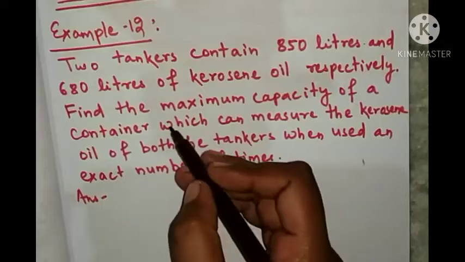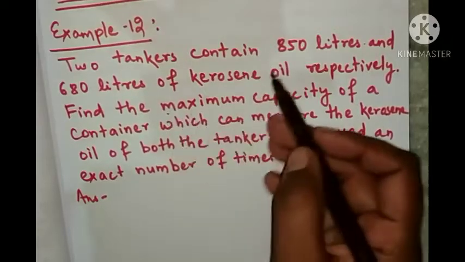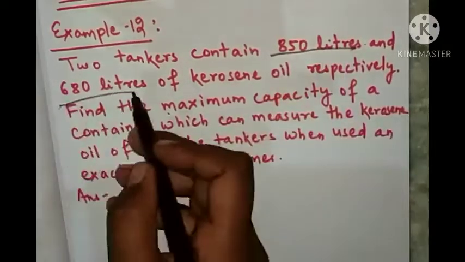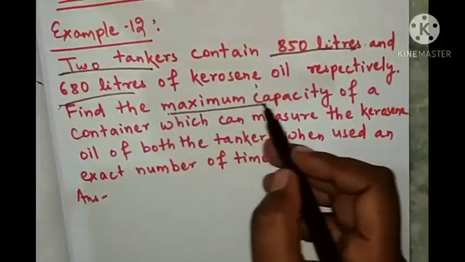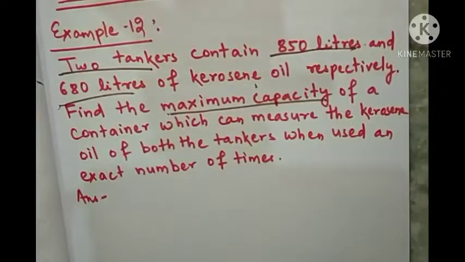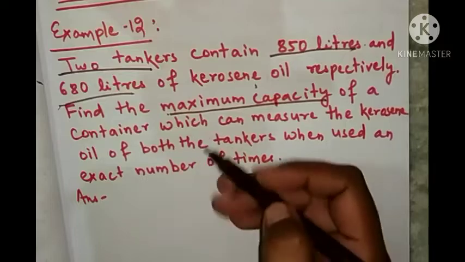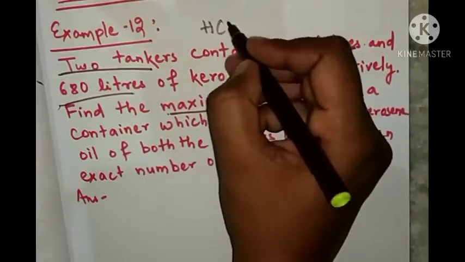So we have 850 liters and 680 liters of kerosene oil in two tankers. We have to find the maximum capacity of a container. So where they tell you to find the maximum capacity, what will you find? You will find the HCF.